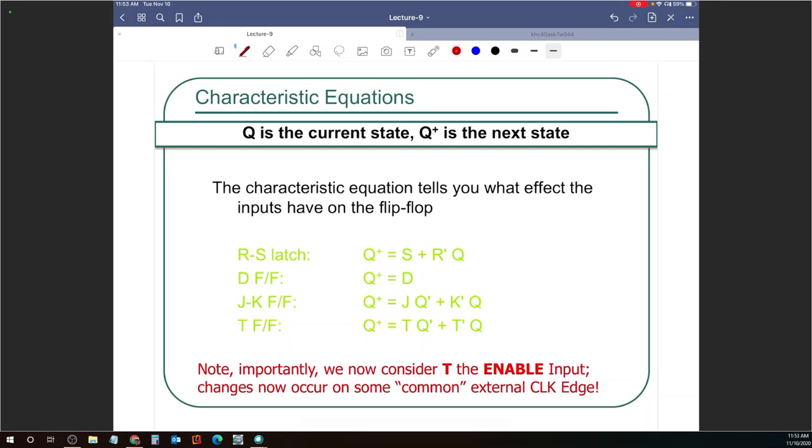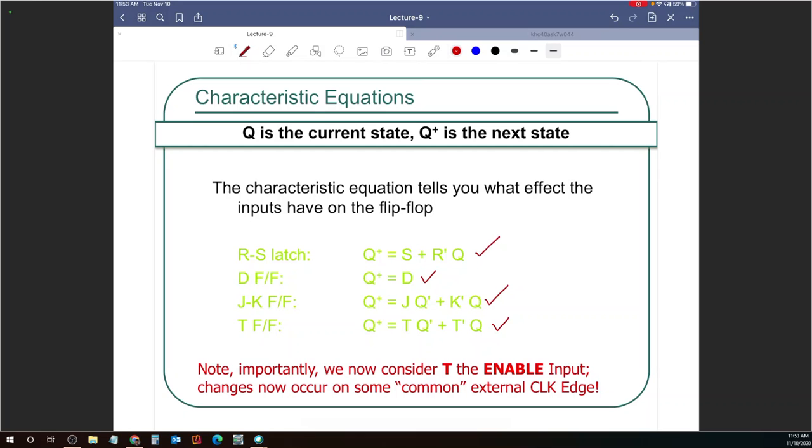So this is just a place to summarize the characteristic equations. We derived these earlier: the SR latch, the characteristic equation of D, of JK, and of the T flip-flop. We have derived these, 3 of them today, 1 of them in the previous class.